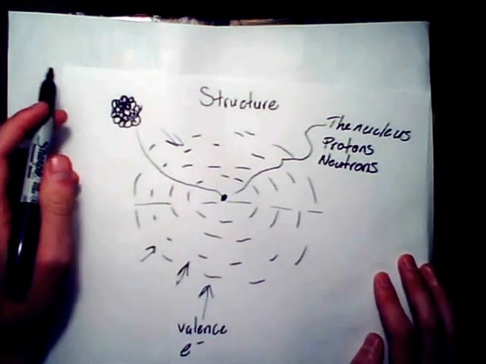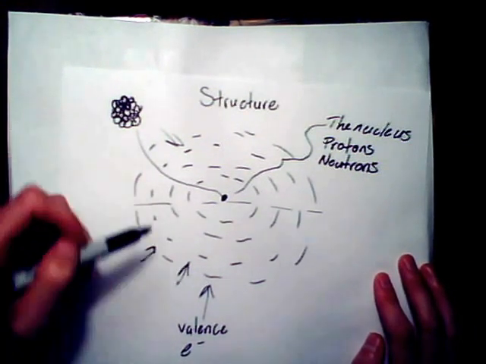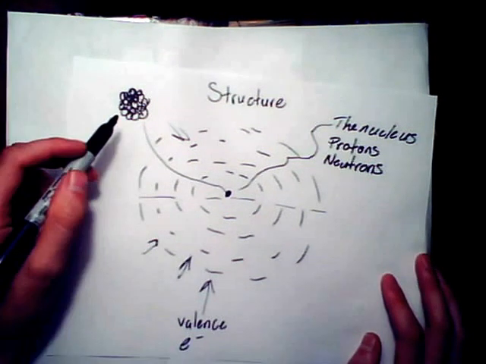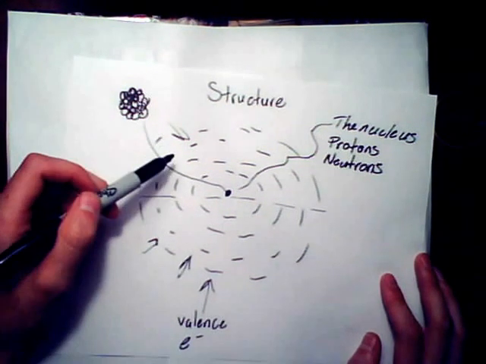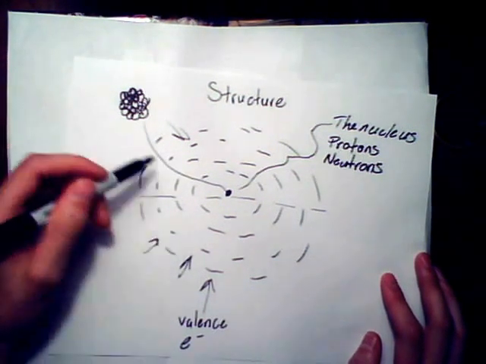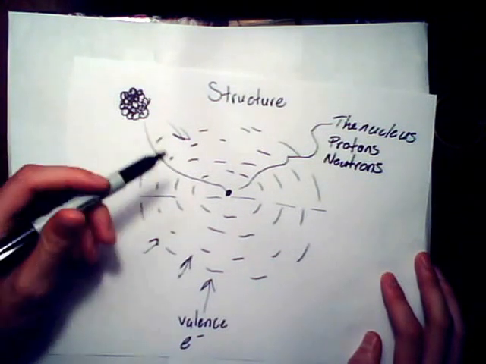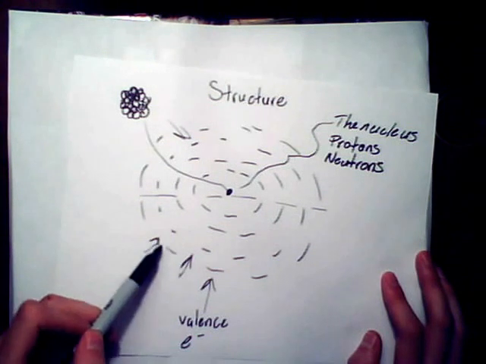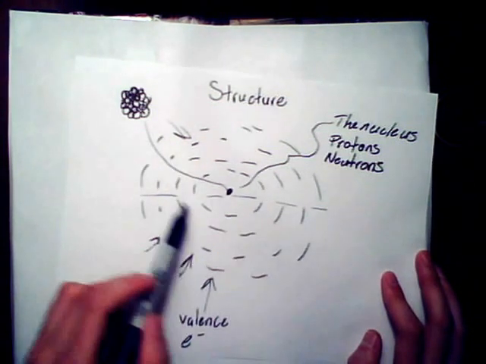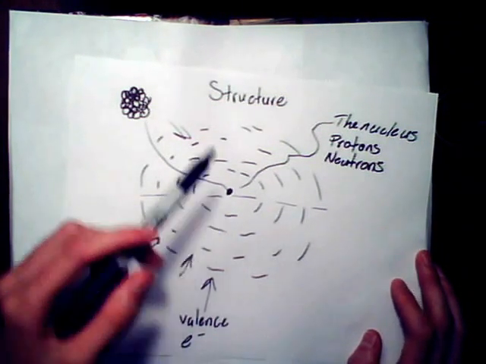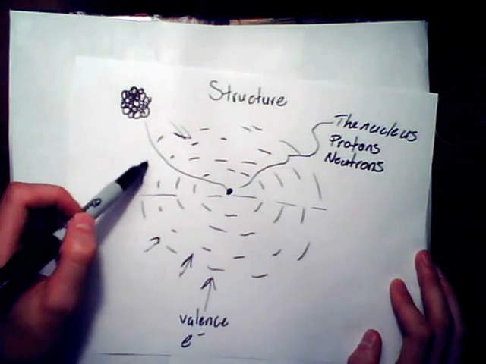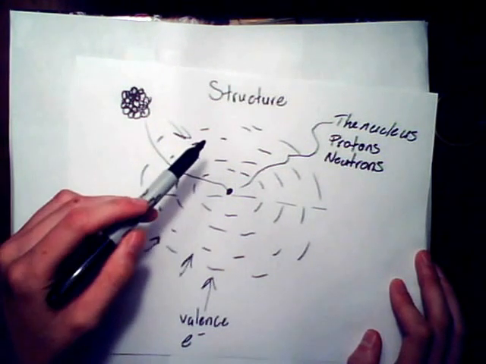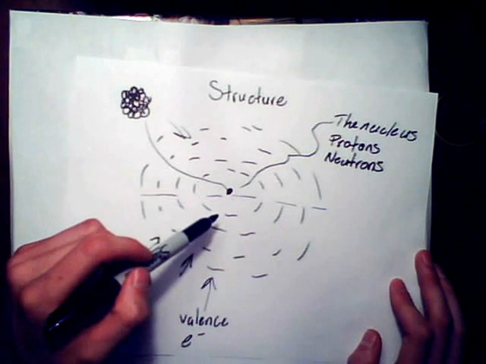So just another thing while we're on the subject of neutrons, let's go over isotopes real quick. And again, just to sum up the structure of an atom, these dashed lines represent different electron shells. So valence shells are the outside part, and then you have different levels of shells all the way in.